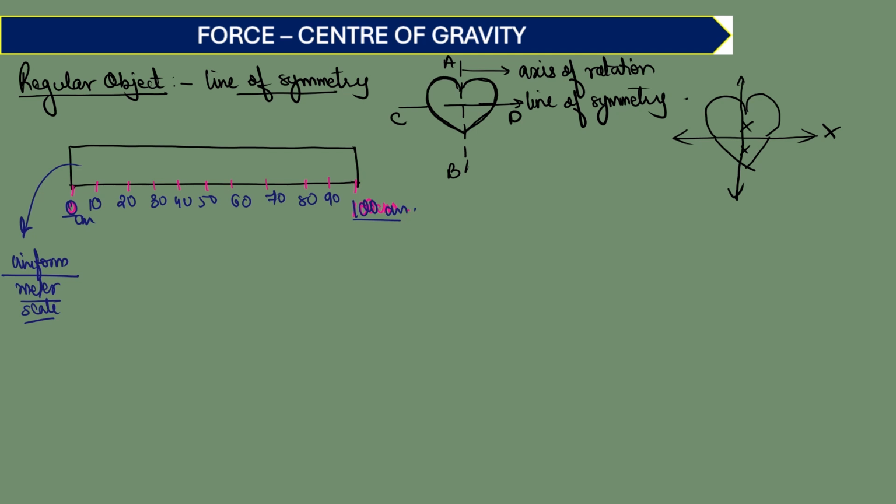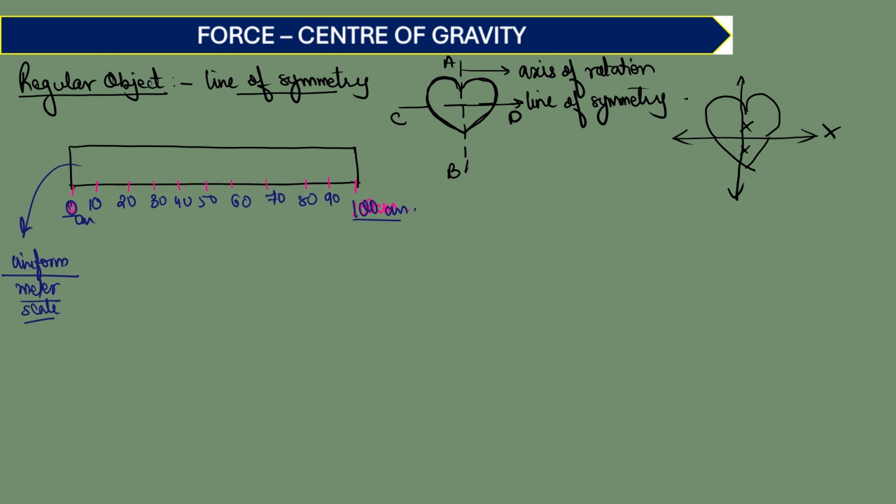Or we can say that if I take a small part of this scale, the distribution of atoms or molecules of the material that it is made of is uniform. In simple words, the density of the scale is uniform. It does not have more molecules here and fewer molecules here. It is made of the same uniform material.